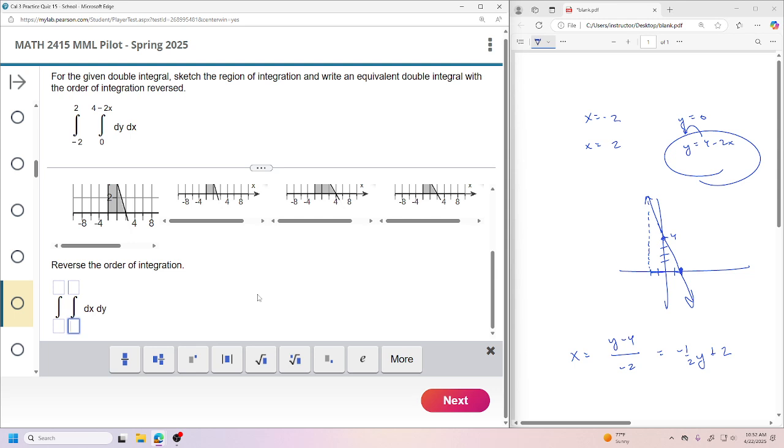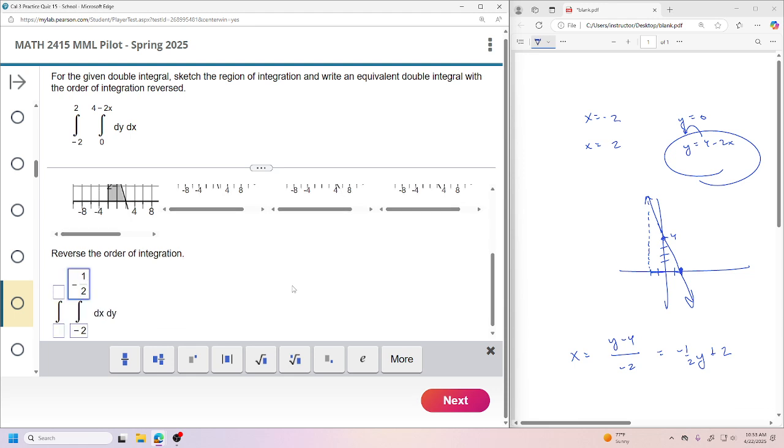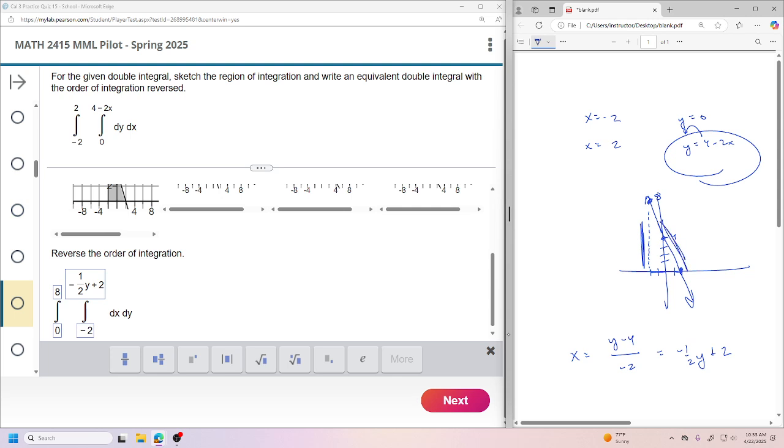That's an x equals. I think it's going to be -2 to this guy. I'll explain in a second, and then my y's are going to go from 0 all the way to 8, like you were saying. 8 is way up here. So I'm going from left to right, and this is my left and this is my right, and that's why I went from -2 to the line.